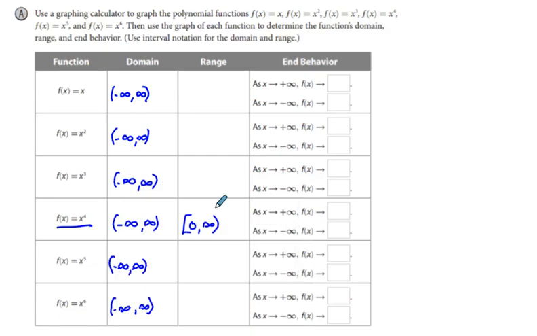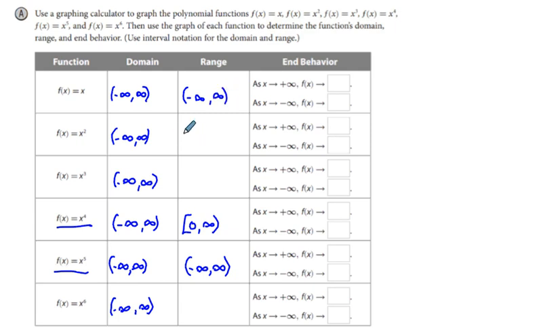So for x to the 5th power, our range is the same as the domain. And for any odd-powered function, we have a similar situation. If you look at our parent linear function f of x equals x, our range is also greater than negative infinity, less than infinity.